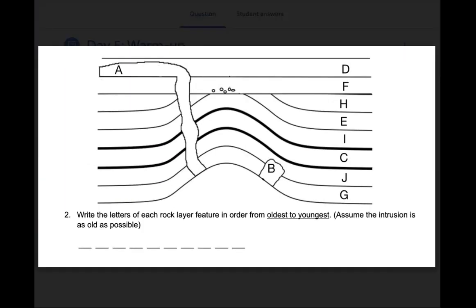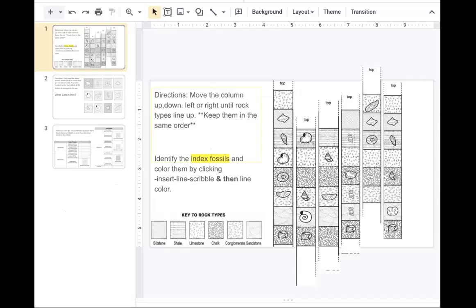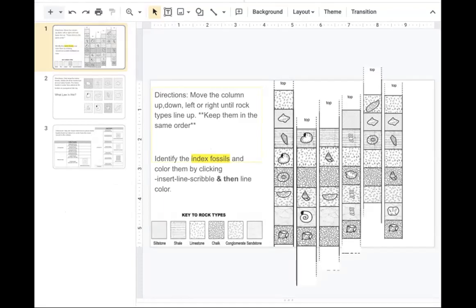First of all, I want to go down my row and see if this fossil is in any of the rock layers. It's not, so that's a good sign. I'm going to just double check the others. I don't see it, so good. It's only in one rock layer.